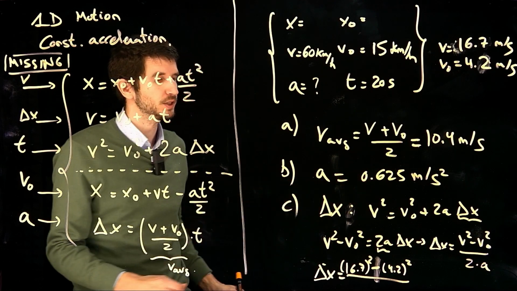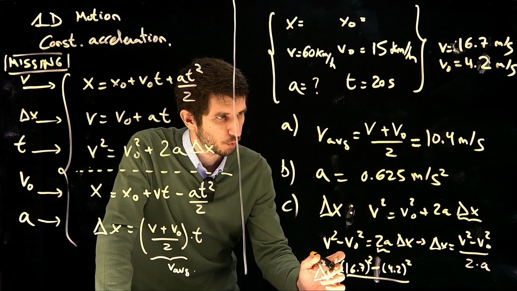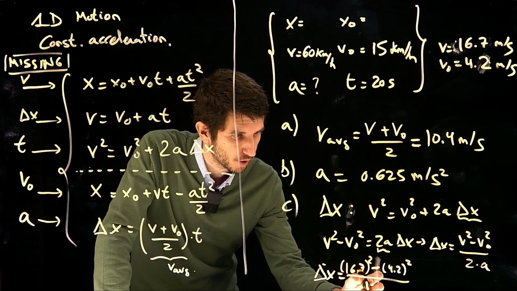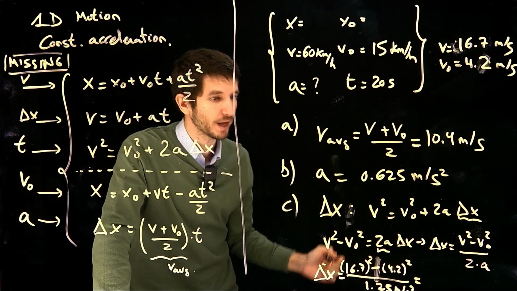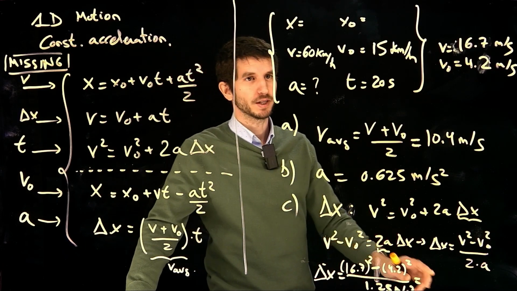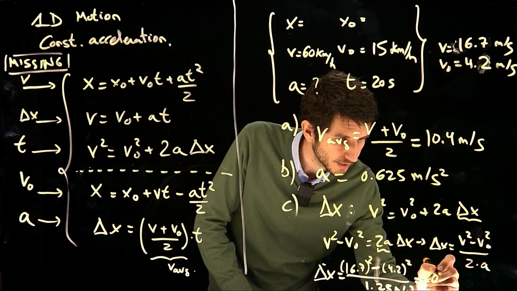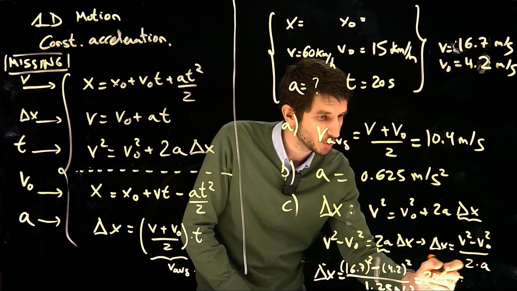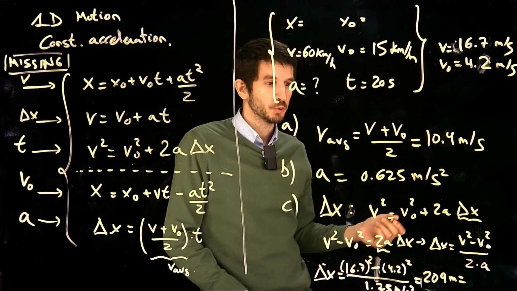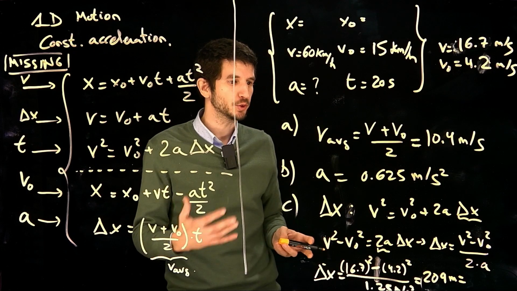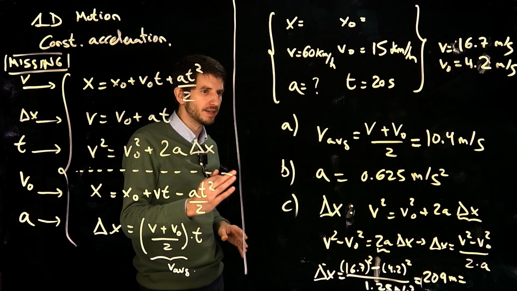The acceleration is 0.625, so 2 times that is going to be 1.25 meters per square second, and by plugging these numbers into the calculator we can find the answer. That's going to be 209 meters, which you can convert into whichever unit you want. In kilometers, it will be 0.2 kilometers. But that's the total displacement in that motion.